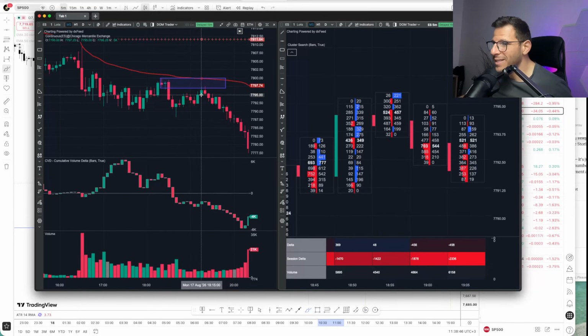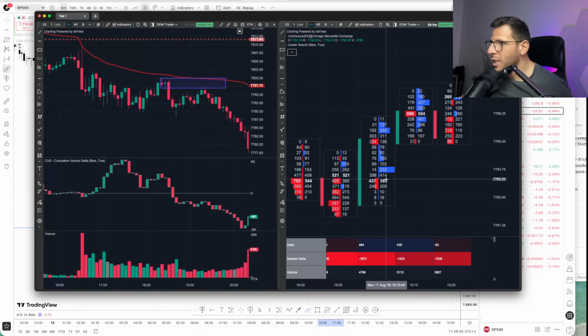But when the market started going up, look at this one. Let's move a little bit. The first green candle is this one here. We see that the price went aggressively to the upside. See how many buyers here? And what I liked is that the buyers kept on pressing.